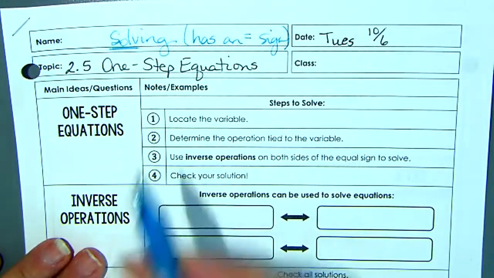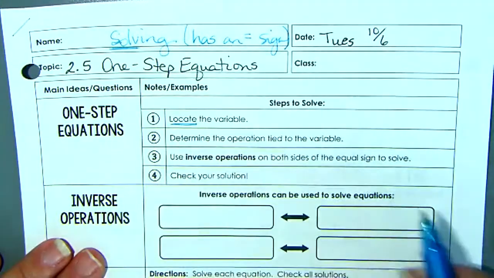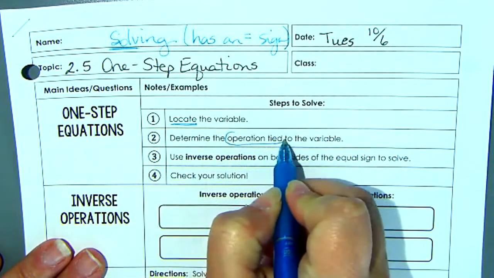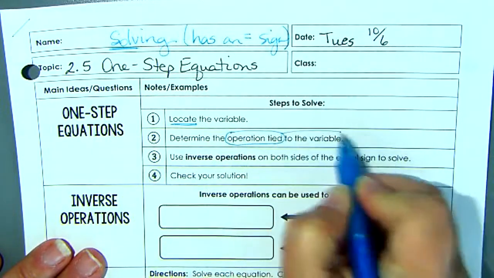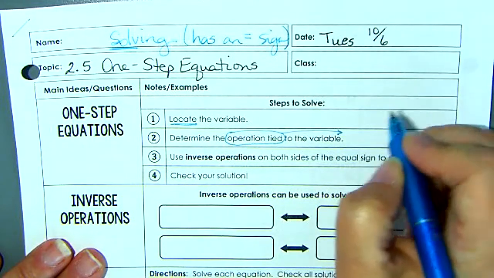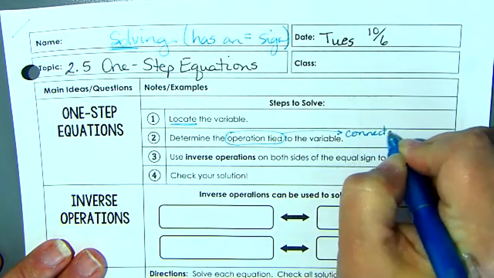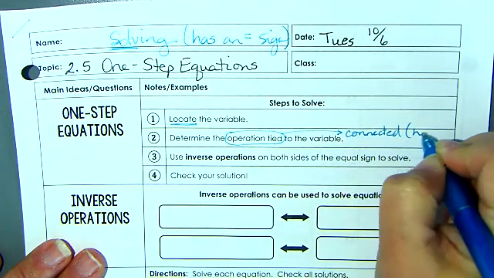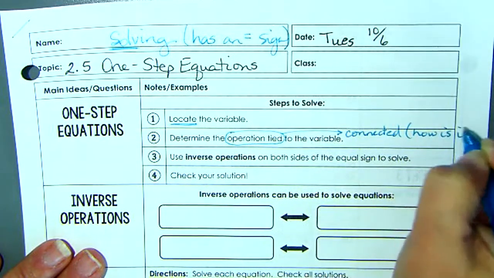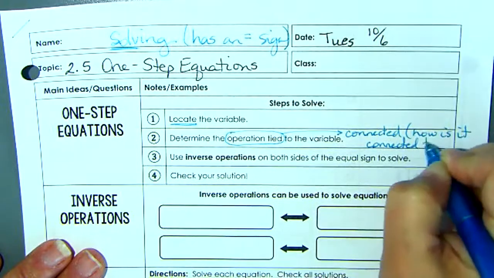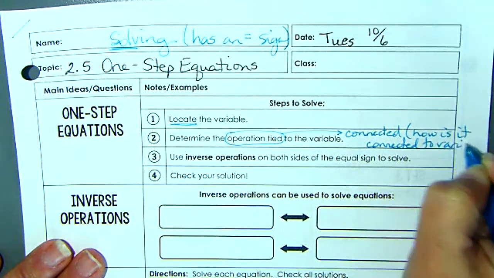The first step is you always locate the variable, and then you determine the operation tied to it, or you may hear me talk about how it is connected. How is it connected to a variable?